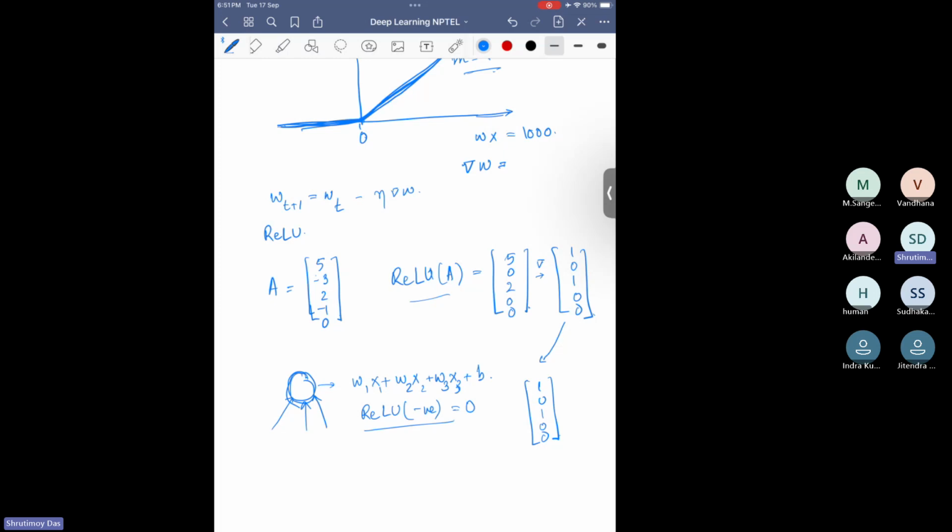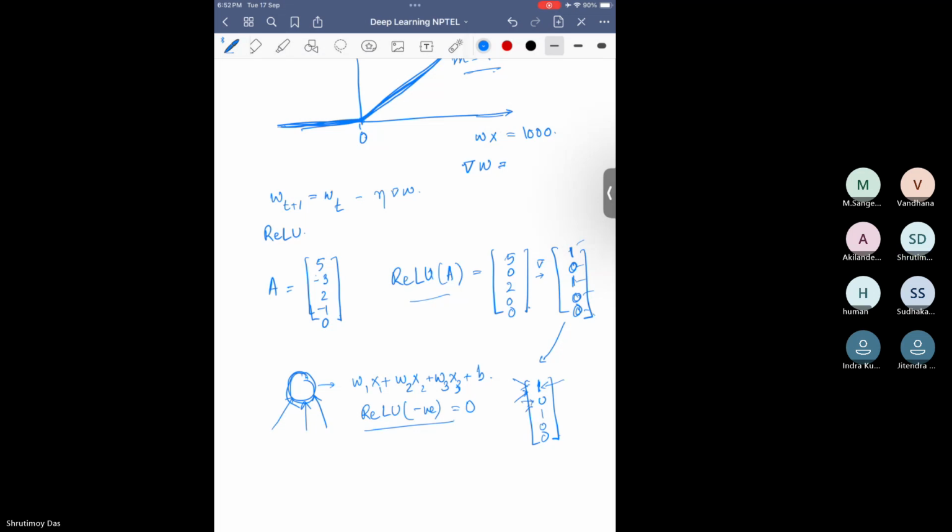When I'm writing this as a vector, it means this is a neuron, this is a neuron, and so on. So this is a vector of 5 neurons. Each coordinate represents a neuron. Whenever you're doing back propagation, you'll have some connections here and then like this, right?